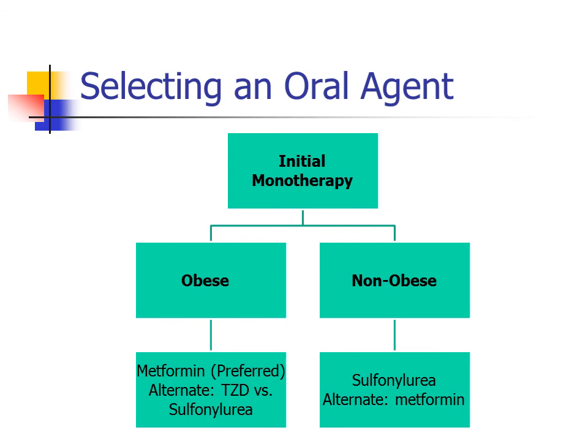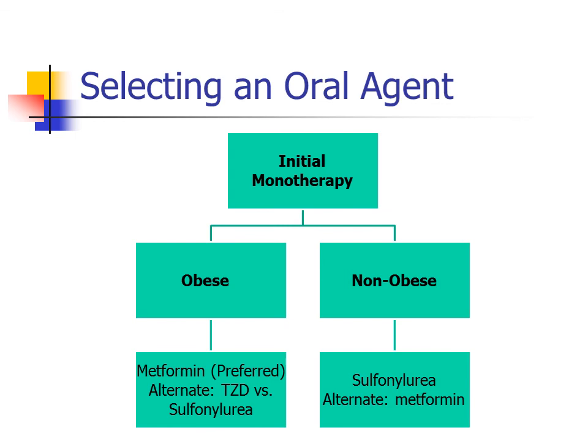An alternate to metformin, if it's contraindicated for your obese patient, say that patient has renal failure, etc., would be a thiazolidinedione, or TZD, however, keeping the cardiac issues in mind with that currently, versus a sulfonylurea. So again, if a patient can't take metformin or didn't tolerate metformin and they were obese, then you go to your second line agents.